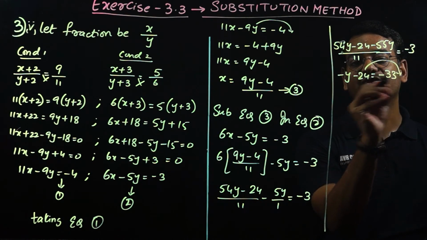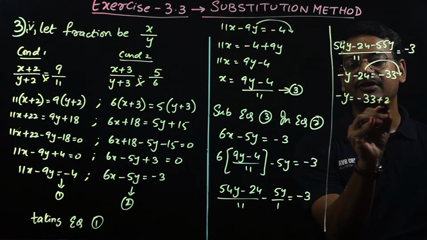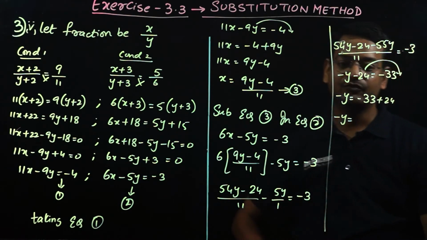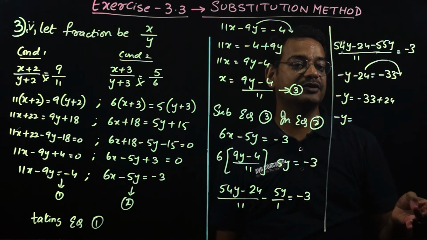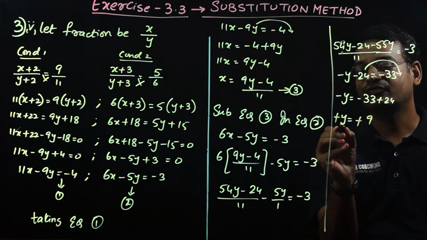When you bring minus 24 to the left hand side, minus y equal to minus 33 plus 24. 33 minus 24 will be 9, so minus y equal to minus 9. So y equal to 9.